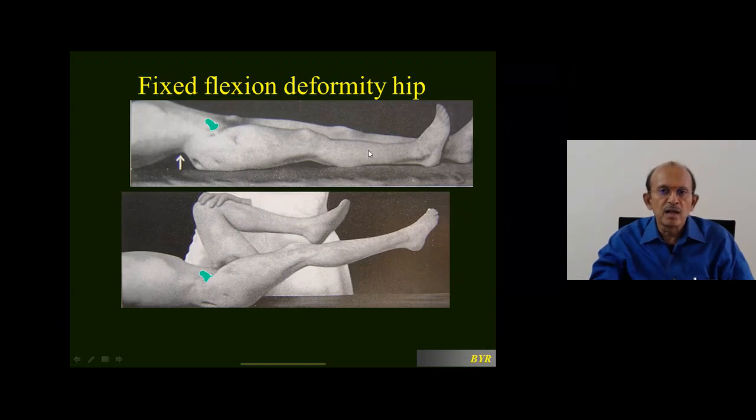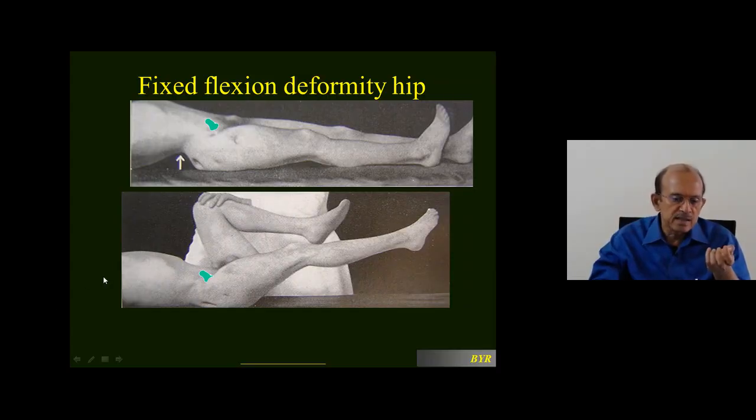But before you think that, you must place your hand behind the spine and see whether a gap is present or not. If a gap is there, that means there is lordosis of the spine. Then you should hold the other limb, not the affected limb. You hold the left lower limb and flex it passively into the abdomen.